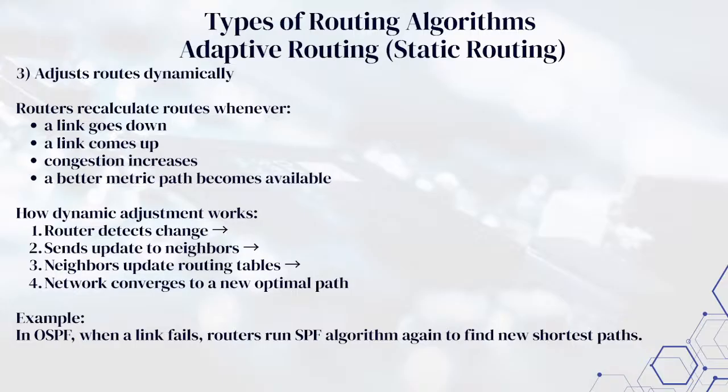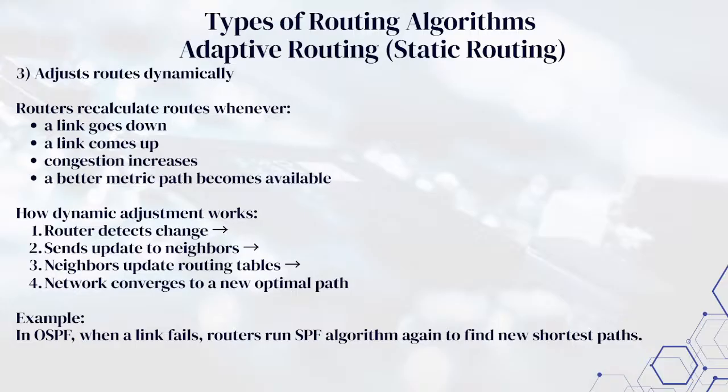First the router detects the change, then it sends the updates to the neighbors, the neighbors update their routing tables, and then the network converges to a new optimal path.